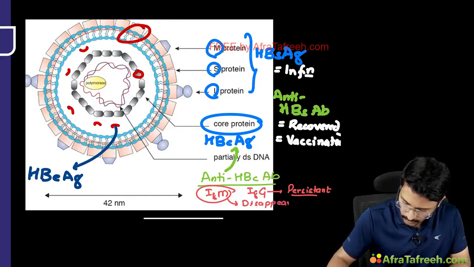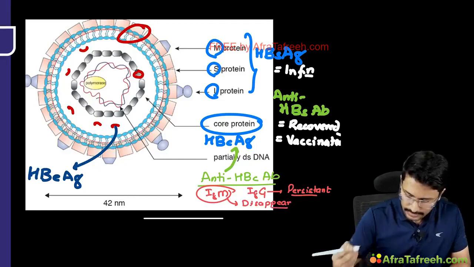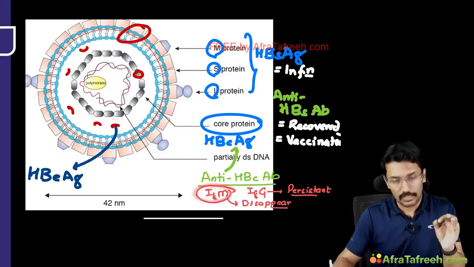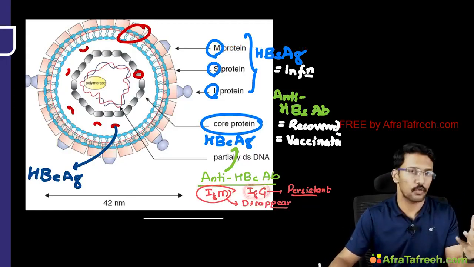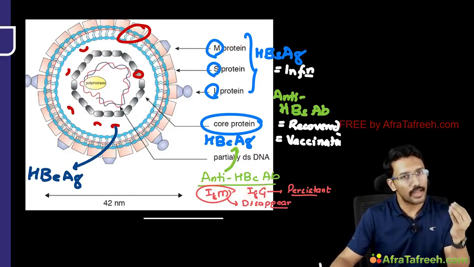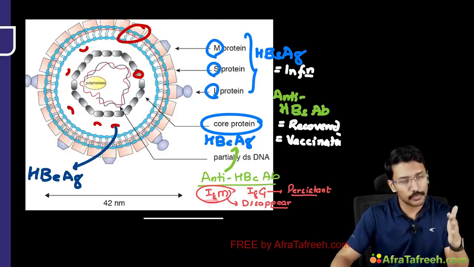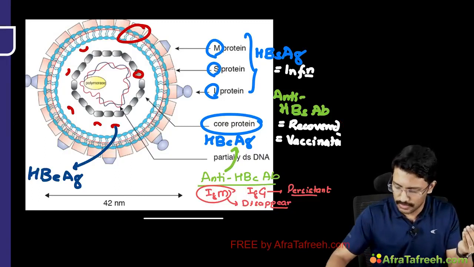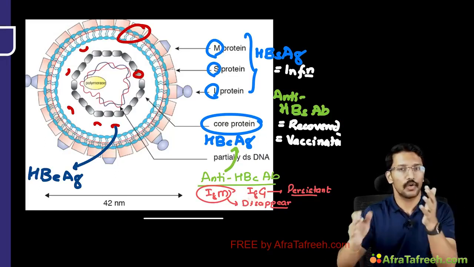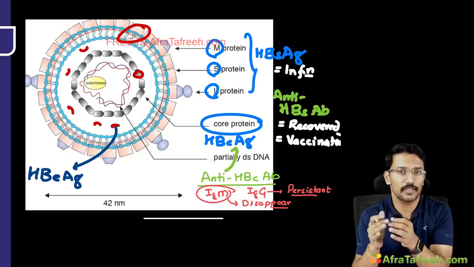IgM will disappear soon. So can I say that I can use IgM as a pointer of acute infection? See, IgG is not a differentiator between acute or chronic, because I have already told you IgM is first produced, but pretty soon, within few days to weeks, you will also start seeing IgG production, right? So the presence or absence of IgG is less important.